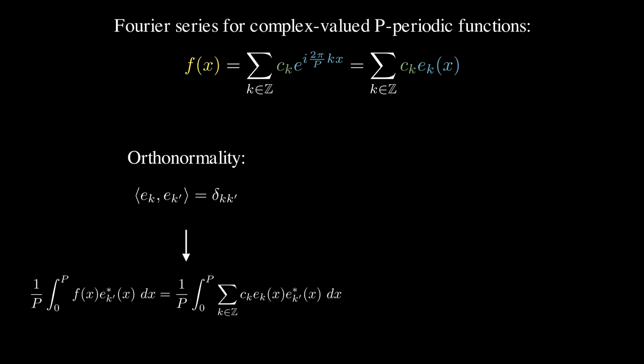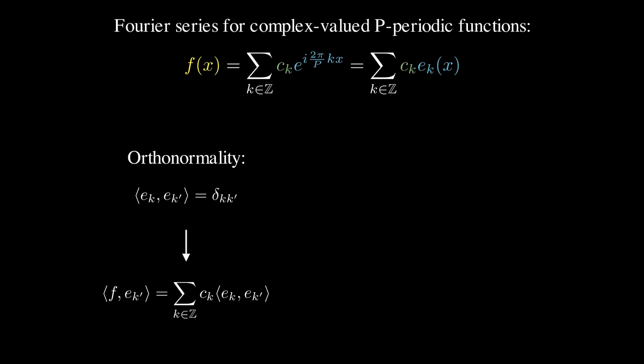Since the ck do not depend on x, and the integral of a sum is the sum of the integrals of the individual terms, we can pull out the sum expression and write both sides as dot products. The dot product on the right reduces to our Kronecker delta. Thanks to the Kronecker delta in the sum, all terms vanish except the one where k equals k prime. This isolates the coefficient we're after, such that we can write the following.